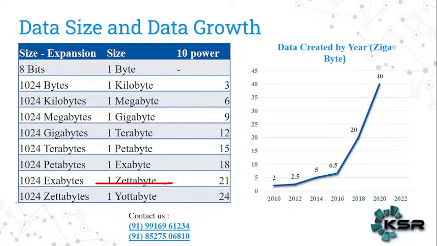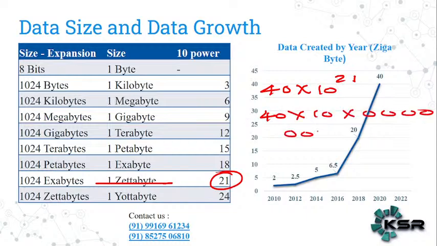Now, what is gigabyte? 10 to the power of 21. Now, 40 followed by 10 to the power of 21, which is equal to 40 into 10 into 0, 0, 0, and so on.